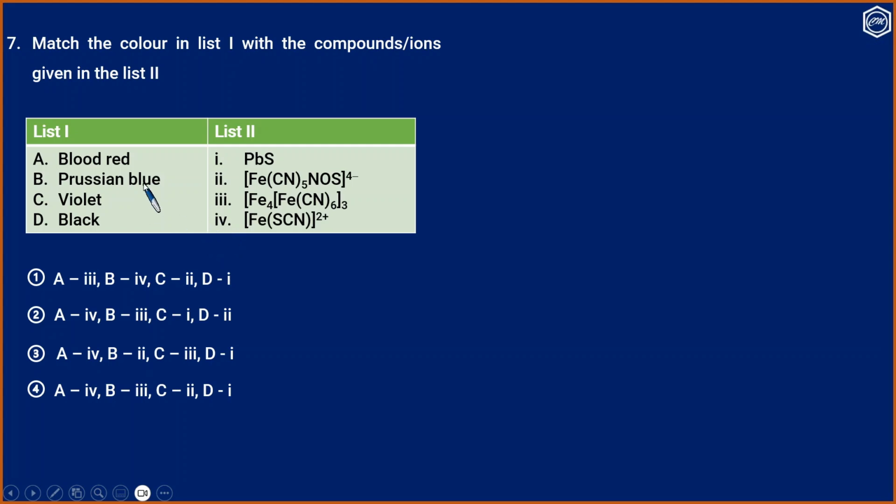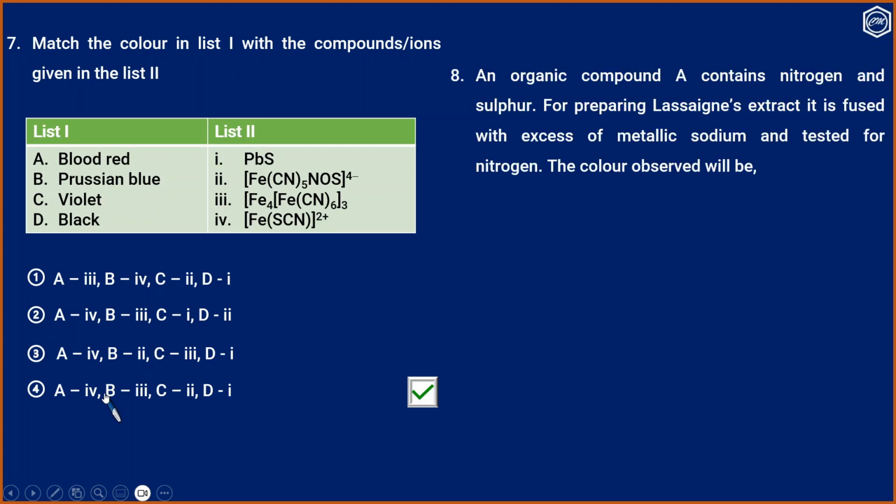Similarly, Prussian blue is Fe4[Fe(CN)6]3, so B to 3, and the violet color is due to thionitroprusside, and we know the black color is due to lead sulfide. So option 4 must be the correct answer. Yes, that is the correct answer.